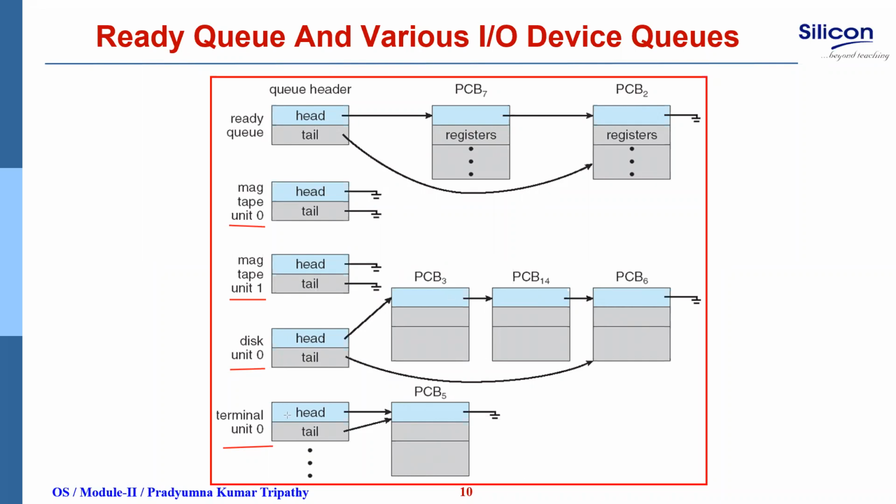From here it can be seen that PCB 5 or process 5 is requesting the terminal. So an IO device queue is maintained for every device present on the system. Each device points to the processes that are requesting it.